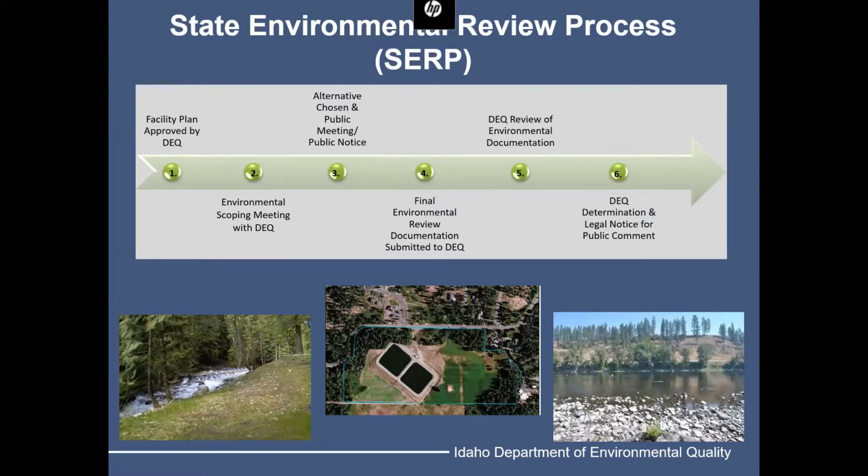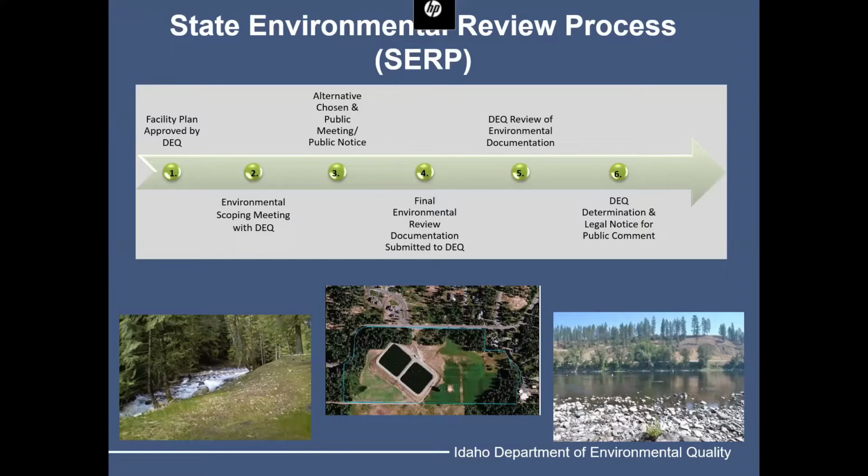Then we talk about the different alternatives and what types of consultations might be needed, and whether the project will be a categorical exclusion or a finding of no significant impact, what kind of consultations may or may not be needed, and so on. Then the system will open up the alternatives for public comment and have a public comment period.